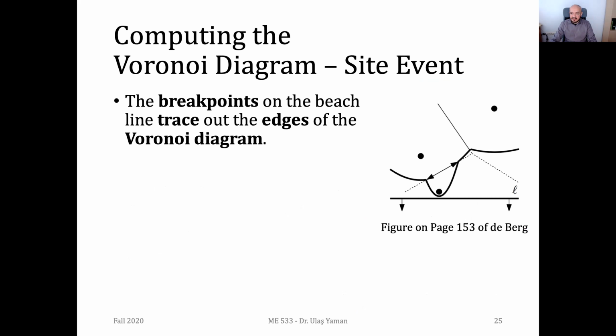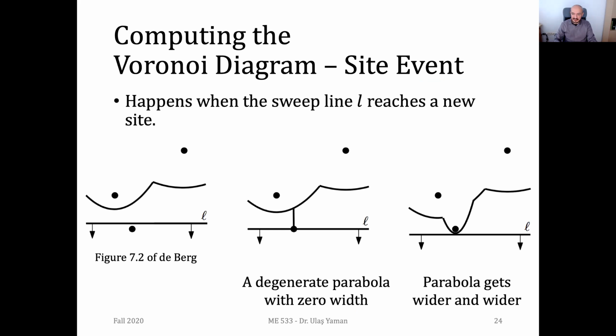So now let's continue with again the site events. And if you remember in the previous slides, we said that the breakpoints on these parabolas are highly important. They are tracing out Voronoi edges. And if you look at here, for instance, once a parabola is actually introduced into your beach line, what happens?